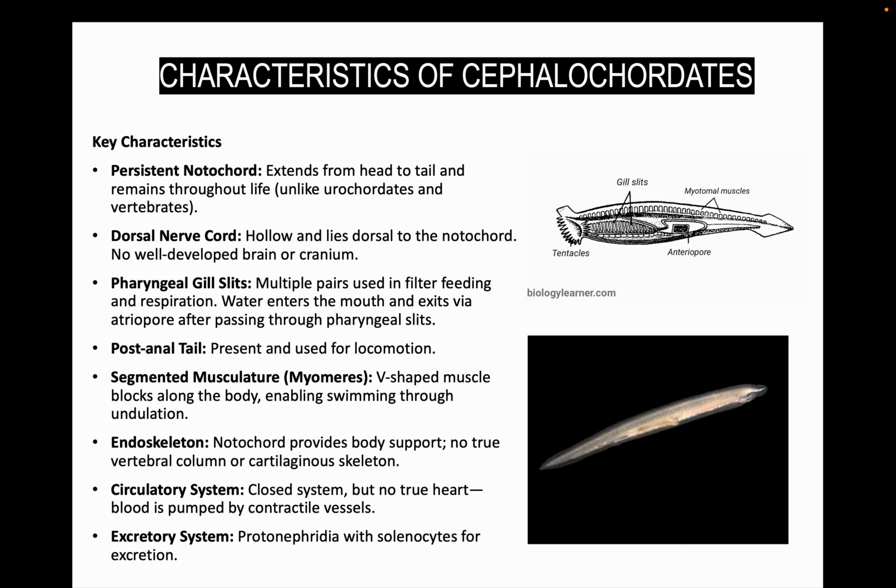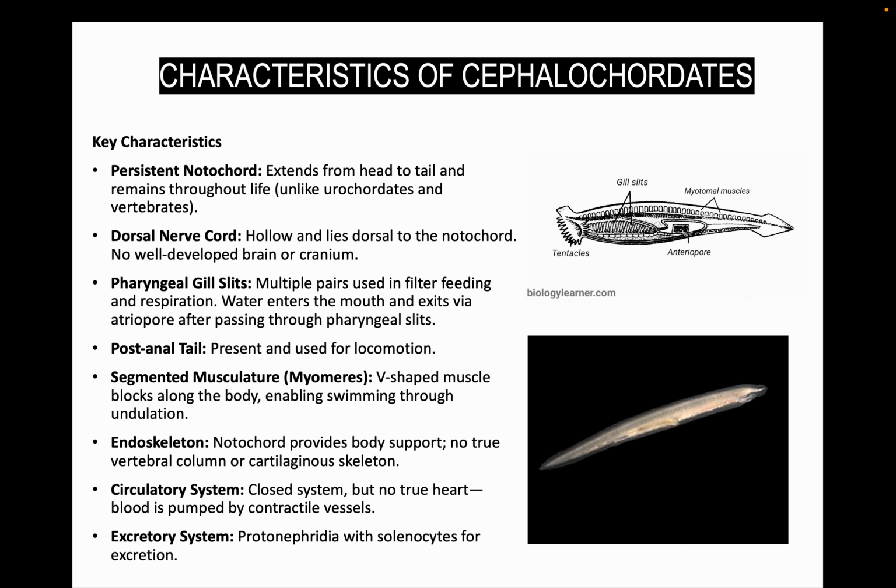For the pharyngeal slits, they are persistent. They may appear in multiple pairs, and similar with Hemichordata, they are useful for nutrient acquisition. Water will enter the mouth of the animal and can exit via the atriopore while passing through the pairs of pharyngeal slits.